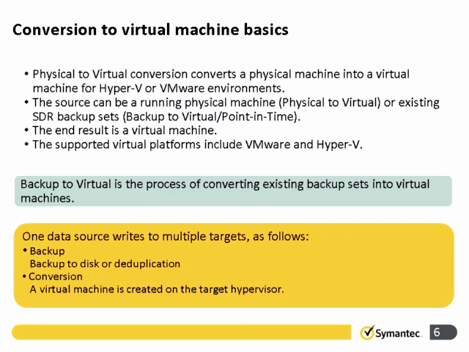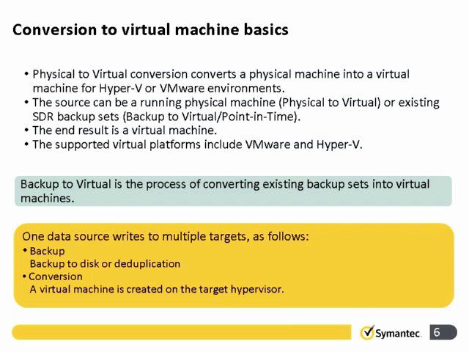So the supported virtual platforms are VMware and Hyper-V. Backup to virtual is the process of converting existing backup sets, where physical to virtual is simultaneously backing up the physical box and doing the virtual conversion. One data source can write to multiple targets.